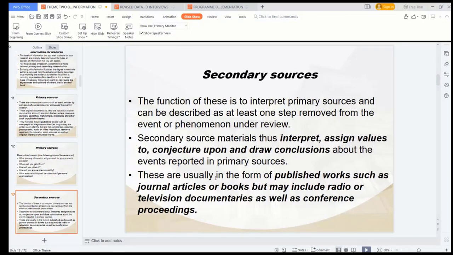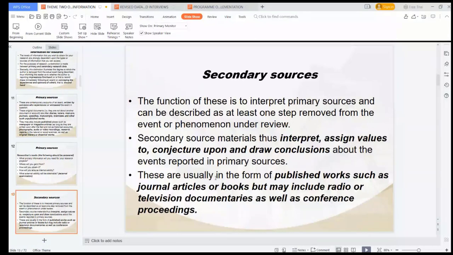If I'm quoting somebody who wrote about the manna that fell in one country in Africa, or about an event that happened, the tsunami in Cape Town, and somebody has already written about it, then what I'm writing now becomes a secondary source, because I'm quoting the primary source. So this is the difference between the two.